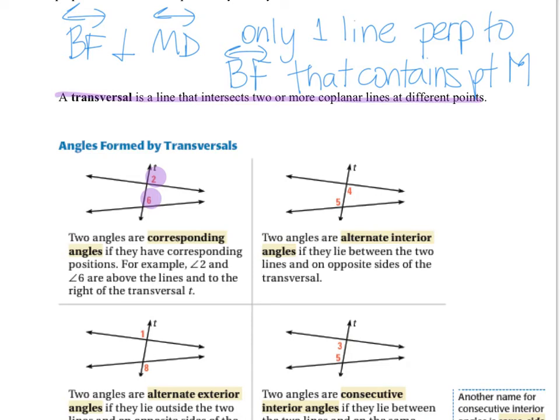Okay, there would be 7 other pairs of corresponding angles with 2 intersecting lines. And we'll identify them in one of our examples. Okay, alternate interior. So think of between the 2 lines as the interior.